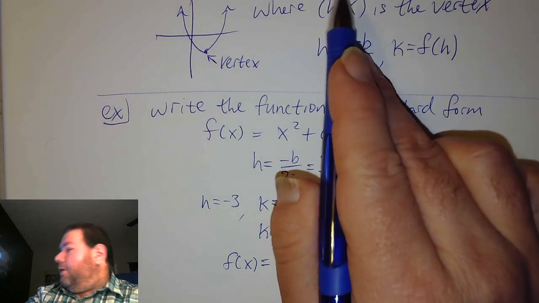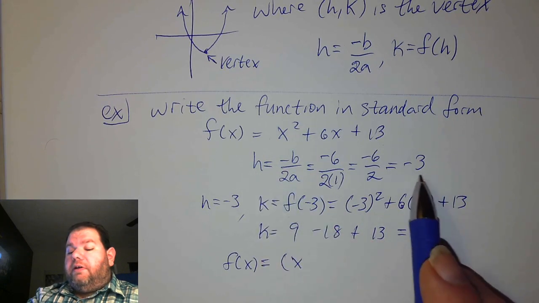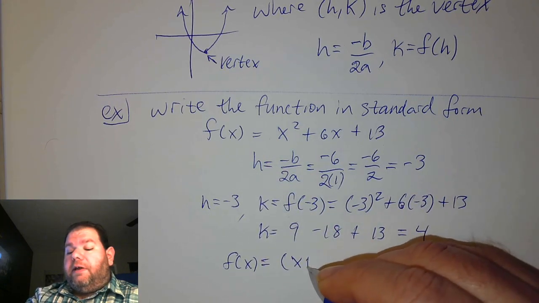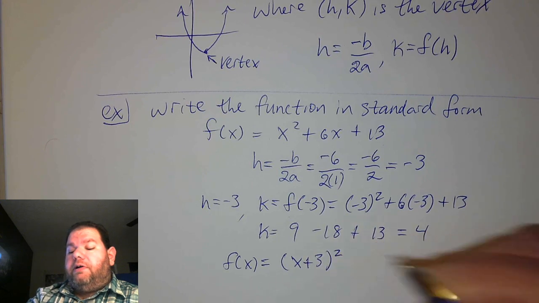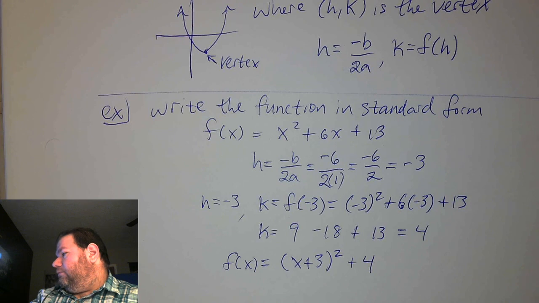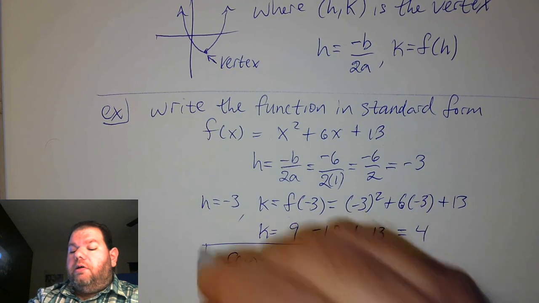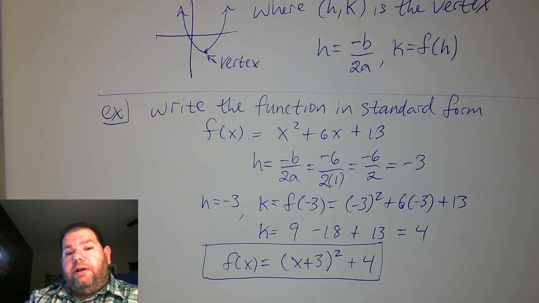Now, we said x minus h in our formula, so minus negative 3 becomes x plus 3 squared, and then k is 4. So that would be our function in standard form.